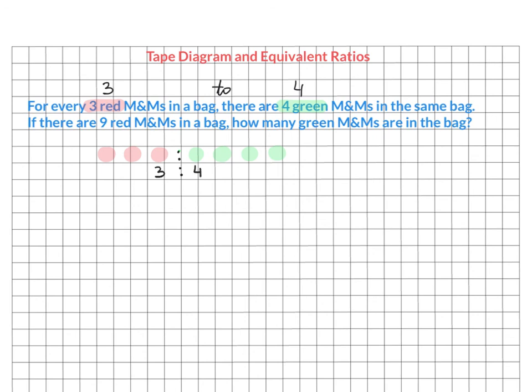We're going to write this ratio in 2 other ways because we have to know how to write a ratio in 3 different ways. So one way was colon. The other way is using the word to. It's 3 to 4. And the third way is to write it to look like a fraction, 3 over 4. So this is the given ratio.